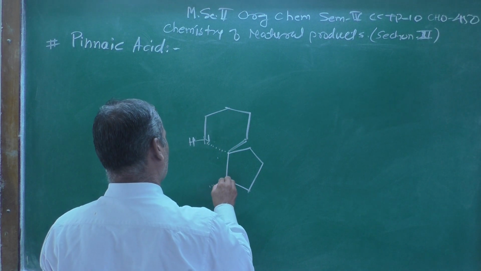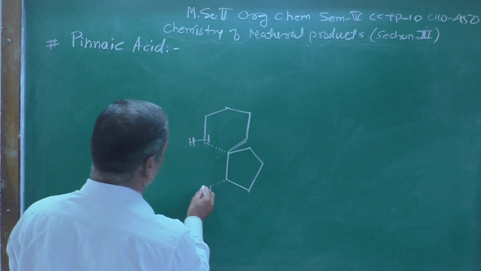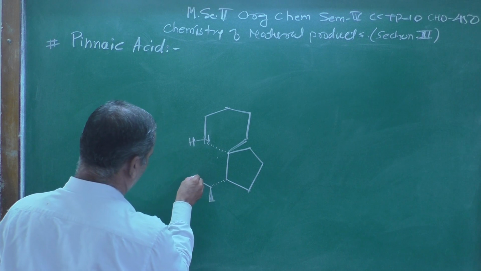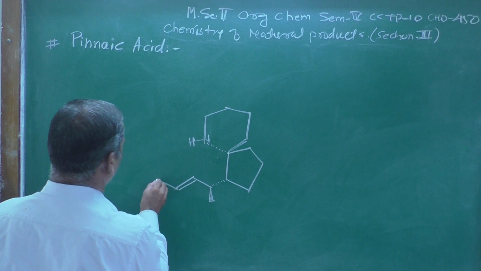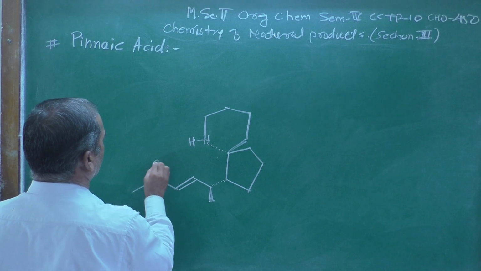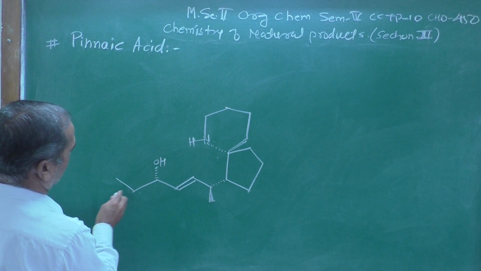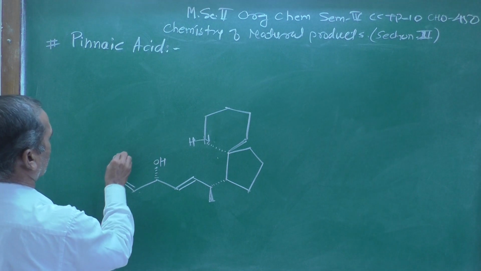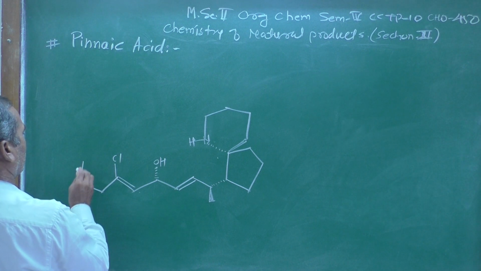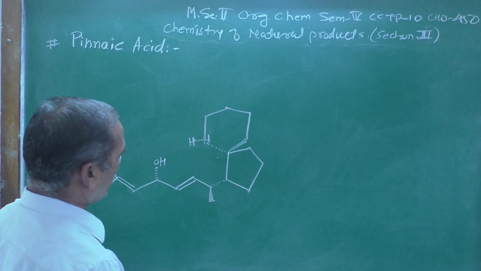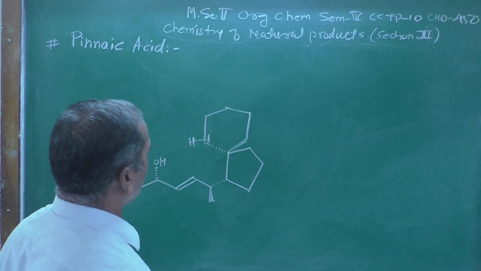Now here is one more bond, here is a methyl group projecting above the plane, then there is a double bond at this position, then here is a hydroxyl group, then there is a double bond, a chlorine group attached over there, and at the terminal there is a hydroxyl group. This is the side chain attached to that 5-membered ring.